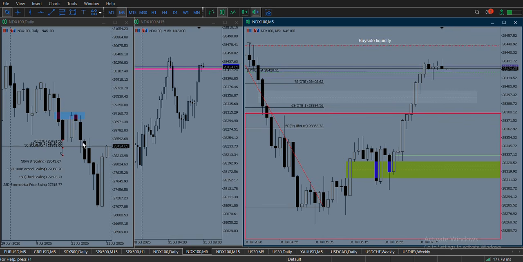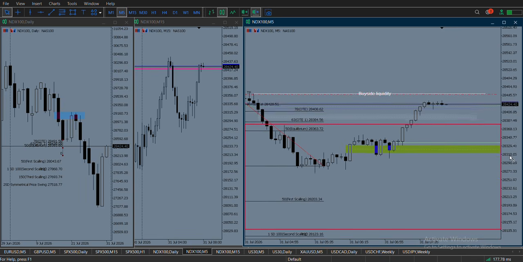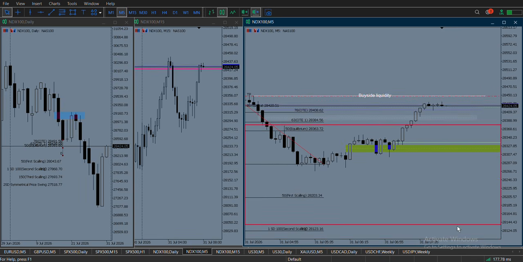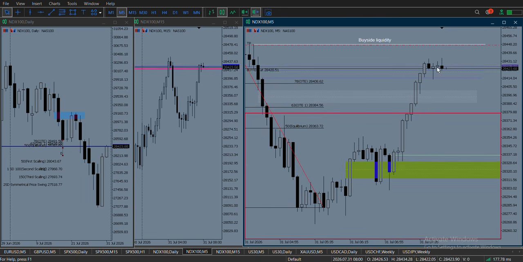And remember, we had this new week opening gap here from Monday. In fact, that's also very important. And you can see the new week opening gap is here. I think now that we are sticking around here and it does not really want to go higher, if we start trading lower, then we'll be reaching into this new week opening gap.